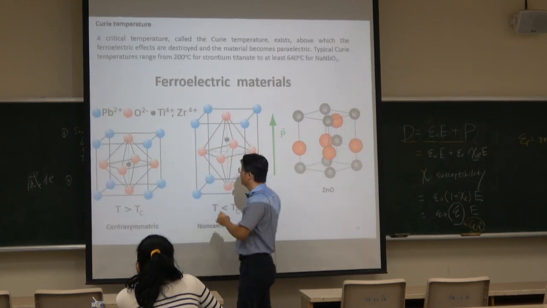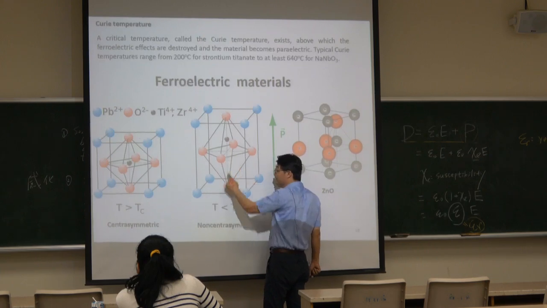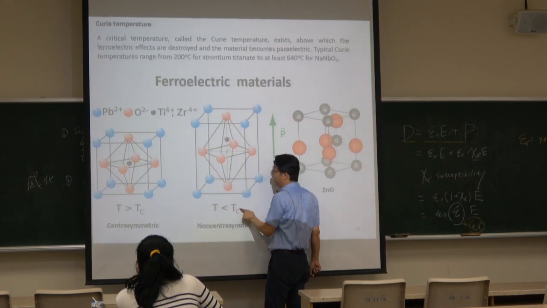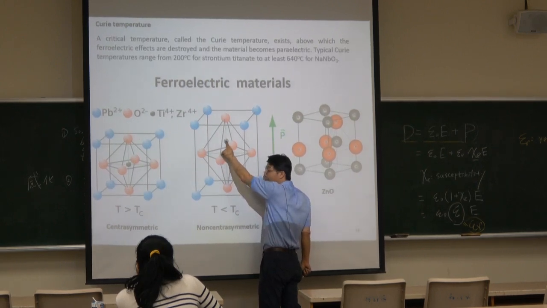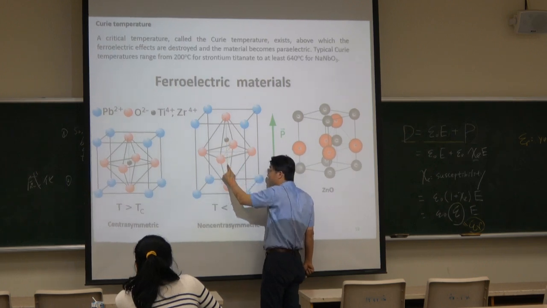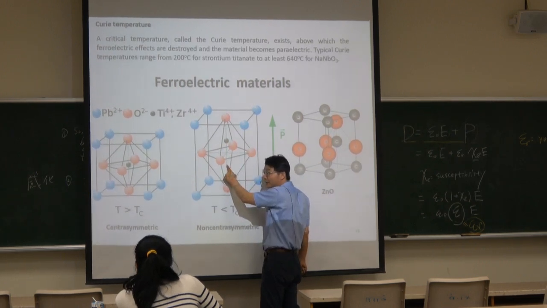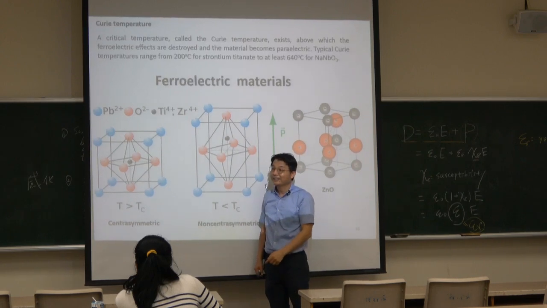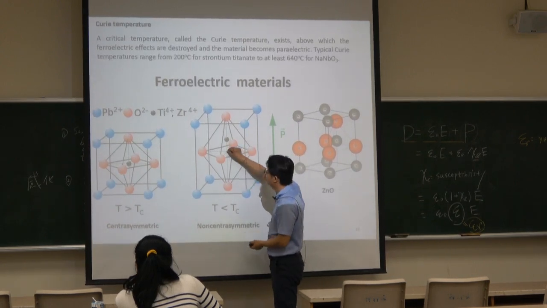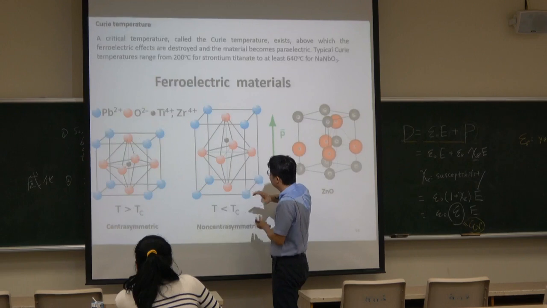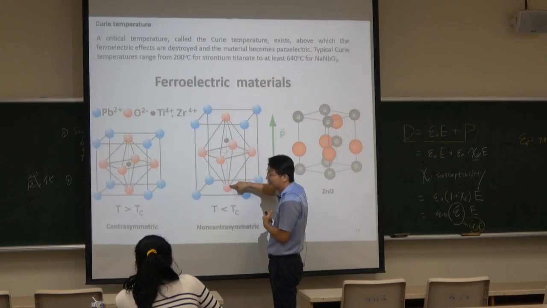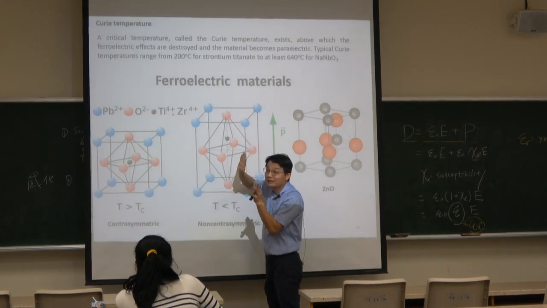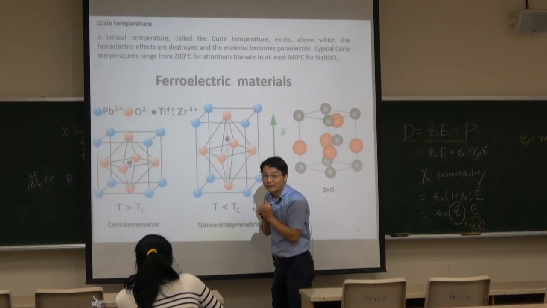But if T is below Tc, then this titanium or zirconium ion will shift to this position, toward the bottom side. So the distance from here to here and from here to here will be non-equal, right?